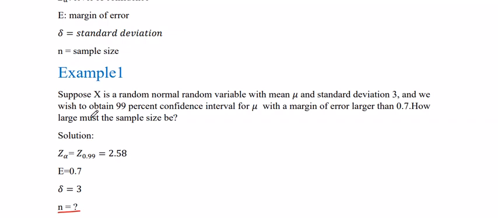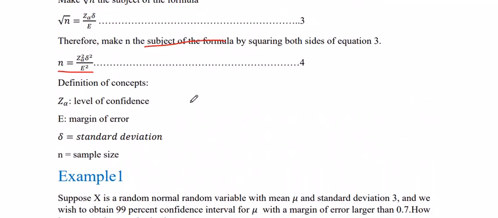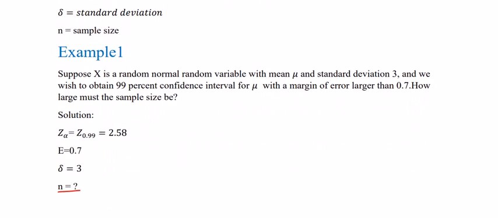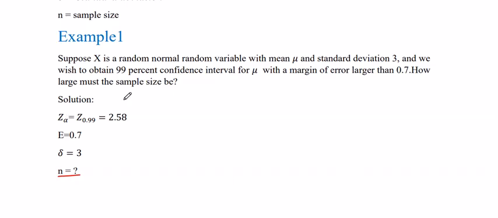Now, before we apply equation 4 to solve this problem, we are going to extract the parameters as stated in the question. Z alpha is equal to Z 0.99, which is 99%, and the value for the 99% confidence level is 2.5.